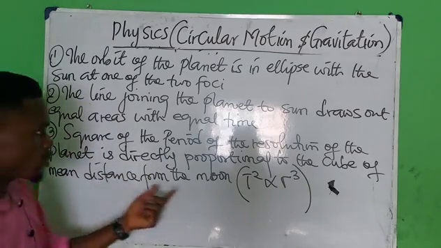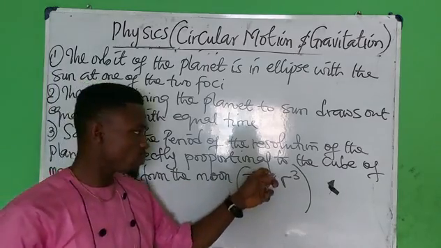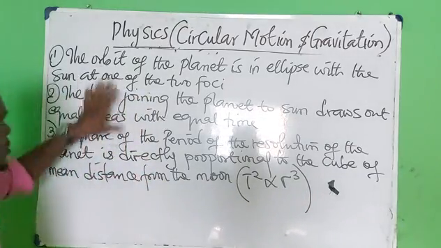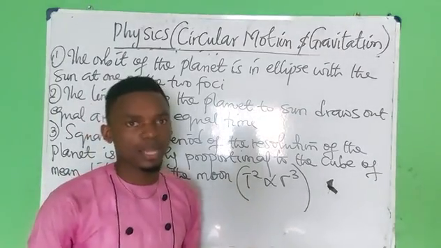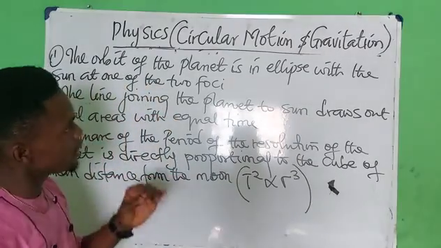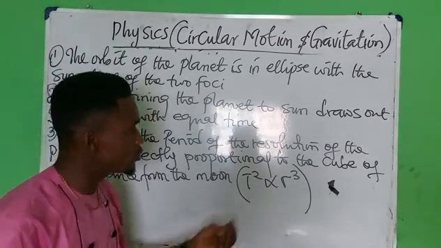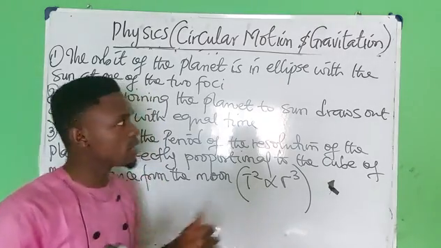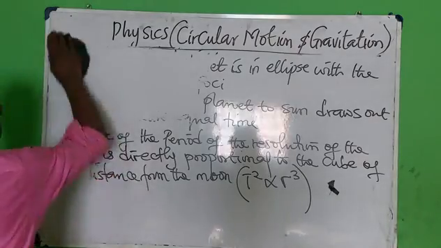The distance here is the radius from the sun. So T squared, which is the period, is proportional to r cubed. These are the laws stated by Kepler, alright? So the next step is we are going to be using diagrams to deduce this. How did they arrive at this point? So let's try it.